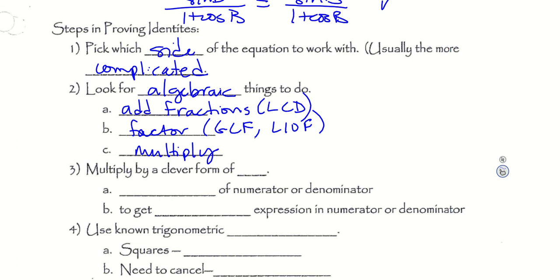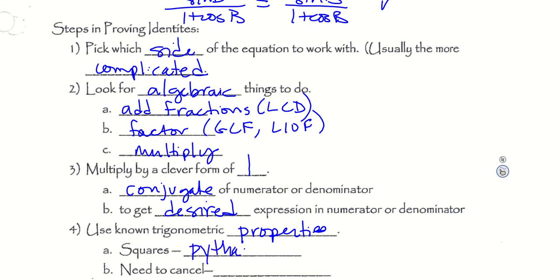Another thing we often do is multiply by a clever form of 1. That might be the conjugate of the numerator or denominator. We just saw how that worked well. And we might multiply by a clever form of 1 in order to get the desired expression in the numerator or denominator. We often will use trigonometric properties. That's why we're learning them. If we have squares, you want to think about your Pythagorean identities.